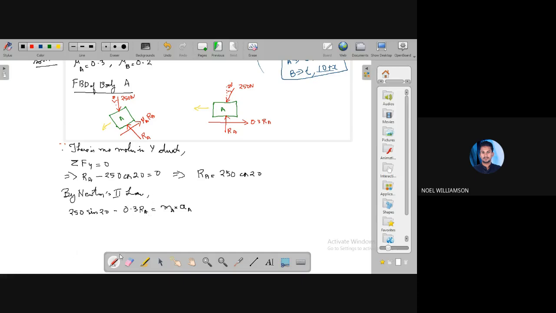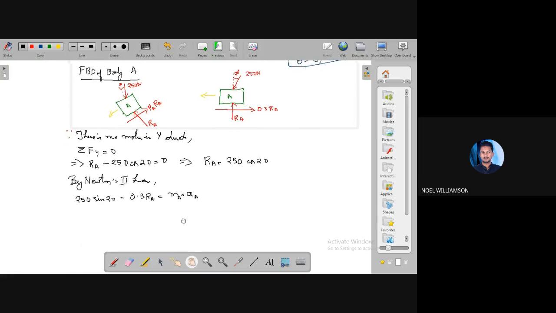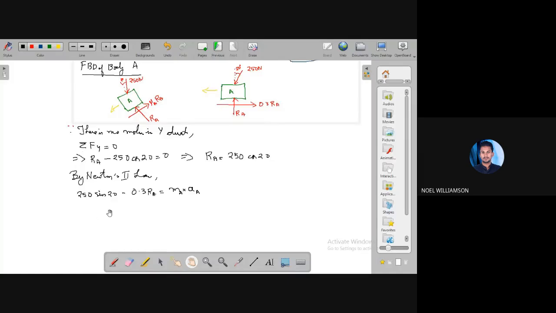Now here we substitute the values. So 250 sin 20 minus 0.3 into 250 cos 20 equals mA aA. Weight is given, weight is 250.